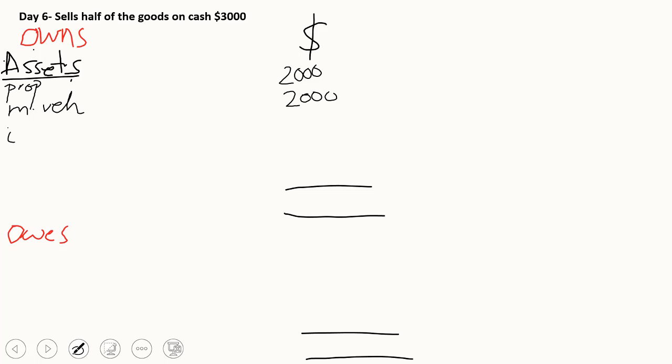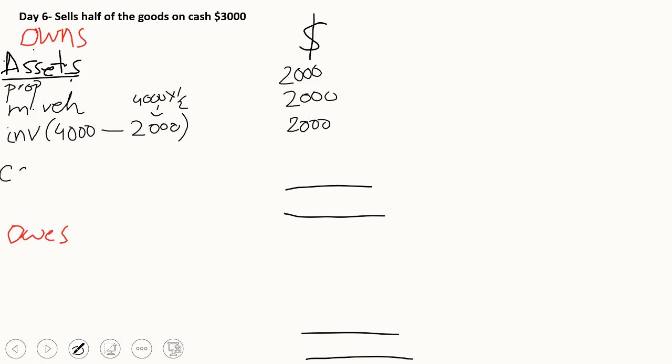Now inventory, it was 4,000 before, but now what has happened, half of it is sold for cash, $3,000. So half of the inventory is sold now. And what is half of 4,000? It is 2,000. So remaining inventory is 2,000 as well.